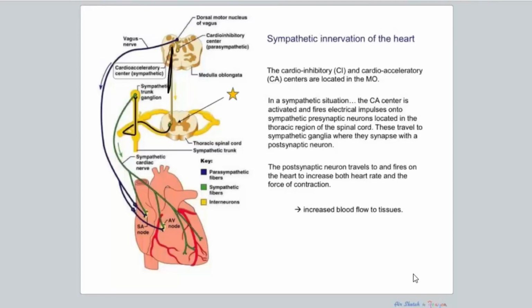Here's the preganglionic neuron, and it goes to the postganglionic neuron, which goes to the heart and causes it to increase heart rate. There's also the parasympathetic system here. So here's the parasympathetic system that can come down and cause heart rate to decrease.